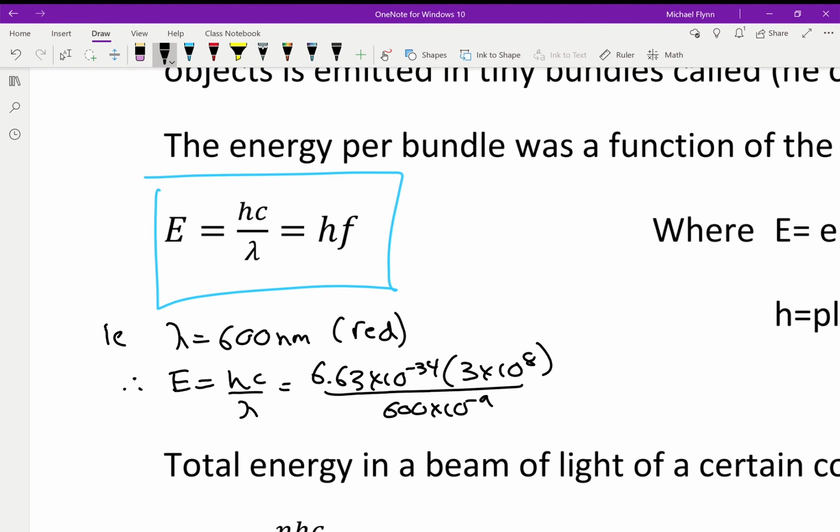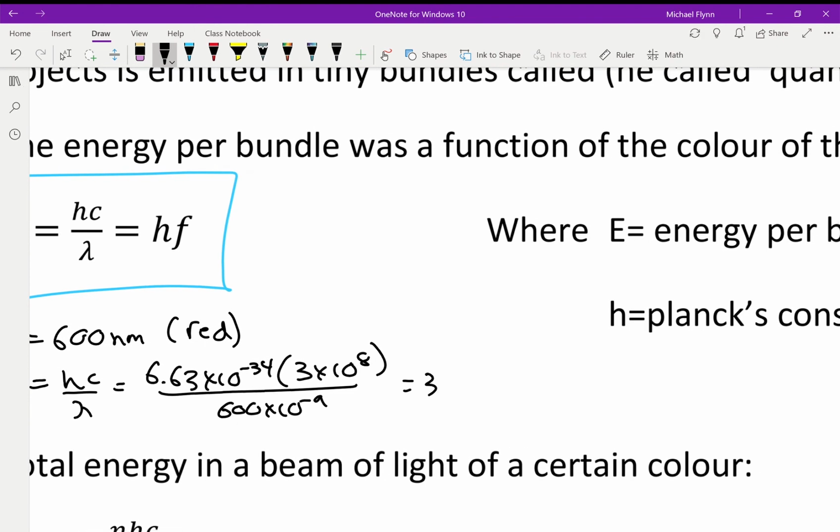I get 3.32 times 10 to the negative 19. So this turns out to be 3.32 times 10 to the negative 19 joules.